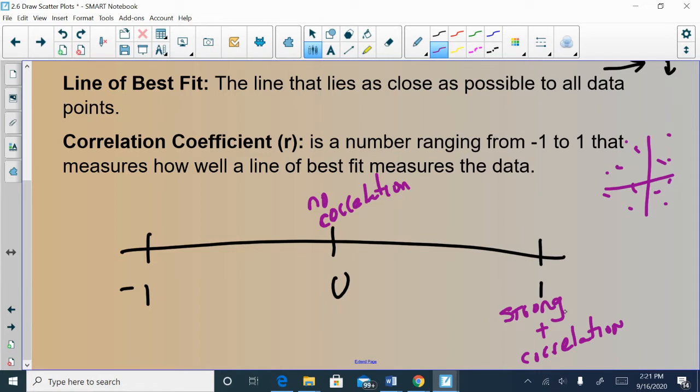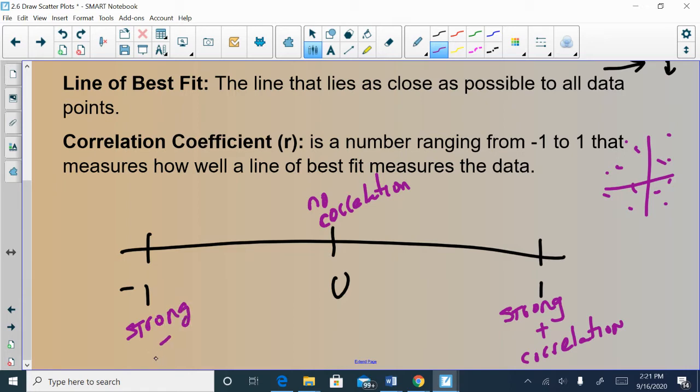That would be a strong correlation. Our line of best fit is a very good indicator of the actual data. And it's positive because our line of best fit would have a positive slope, or it's going up as the x value is increasing.